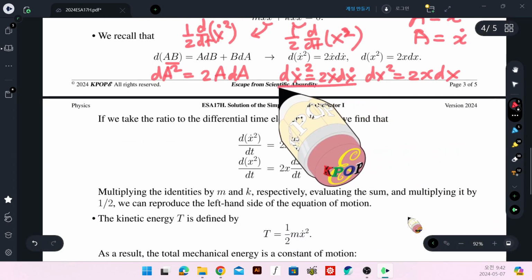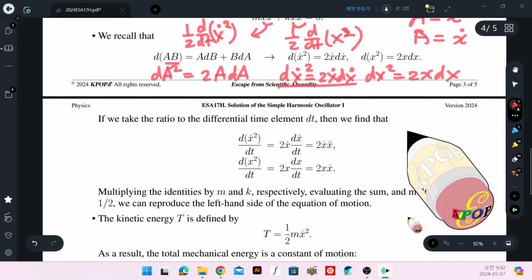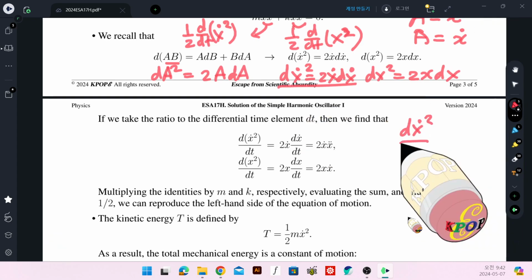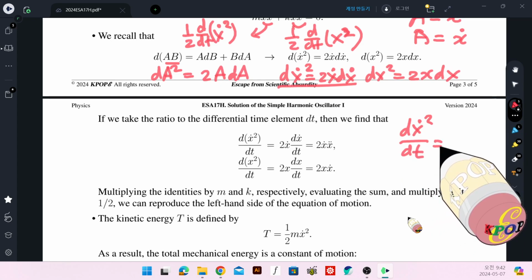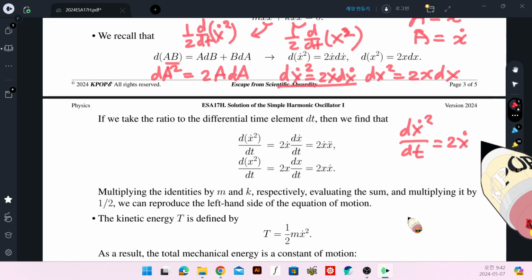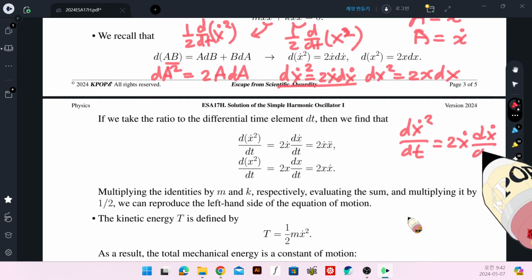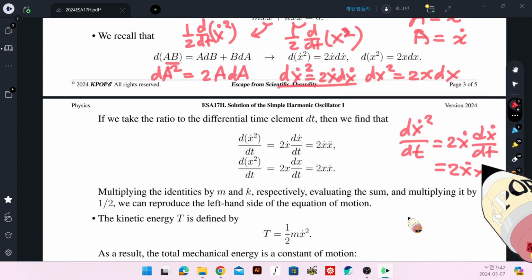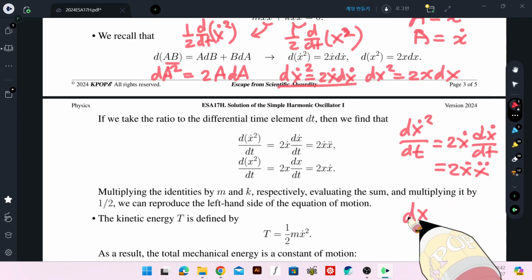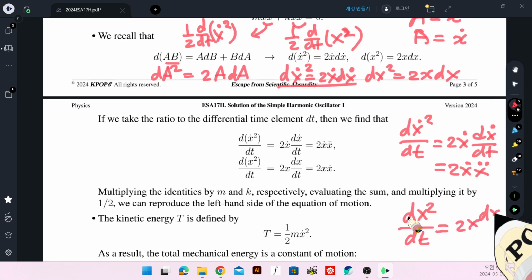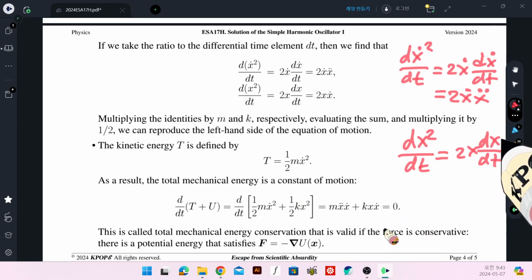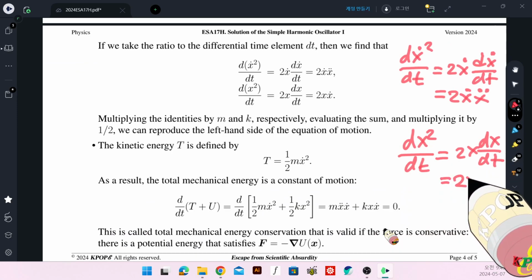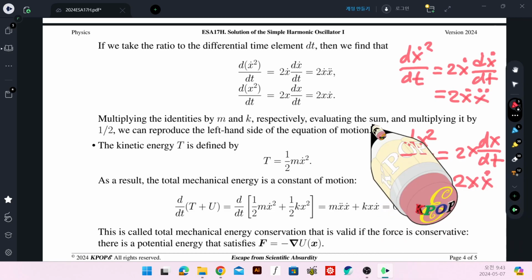Because of this, we can divide both sides: d x dot squared over dt is 2 x dot d x dot over dt. This is a second order derivative, 2 x dot x double dot. dx squared over dt is 2x dx over dt, and this is the first order time derivative of the displacement, x dot.